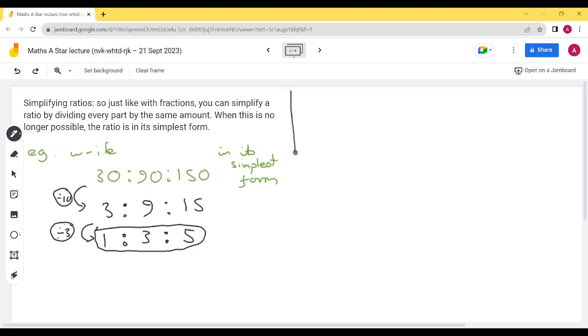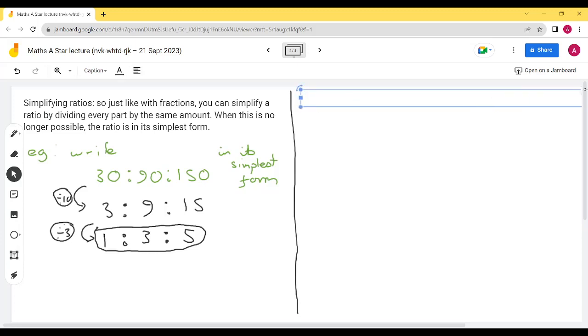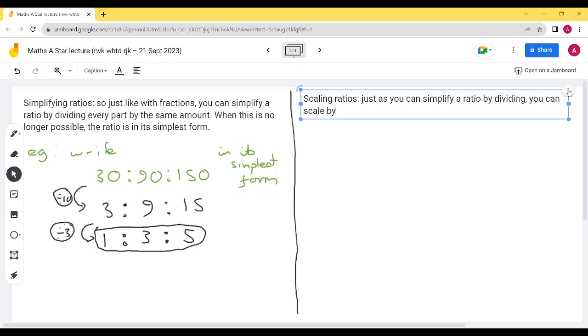Okay, and so just as you can simplify ratios, what you often have to do as well with ratios is scaling ratios. So, as mentioned earlier on, just as you can simplify a ratio by dividing, you can scale by multiplying all parts by the same amount.